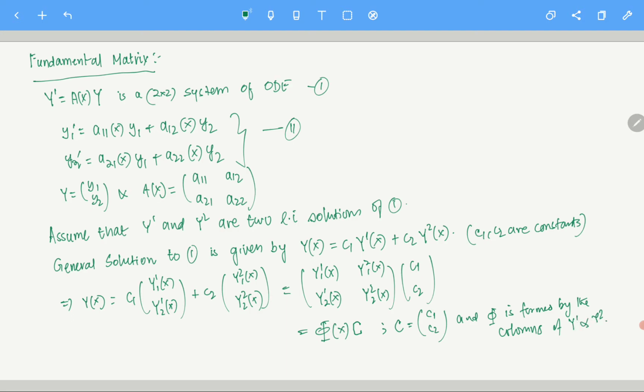You take y1 and y2 and put their components in columns: y1 in the first column, y2 in the second column. So y11, y12, y21, y22. If it is an n cross n system, you can do the same for n. Then this phi is called a fundamental matrix for the system 1.